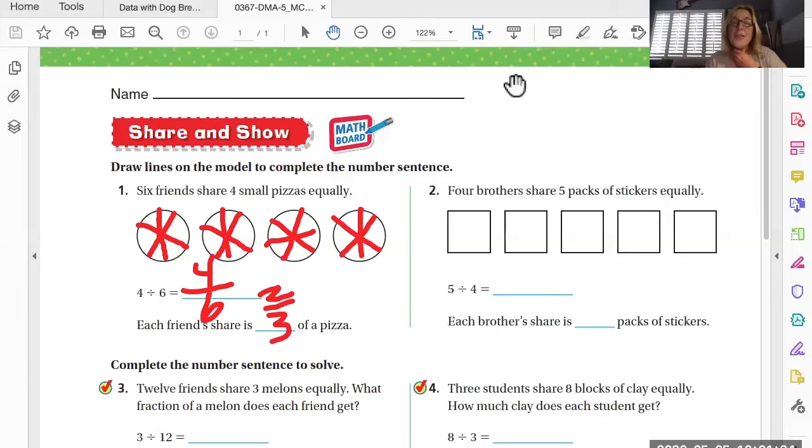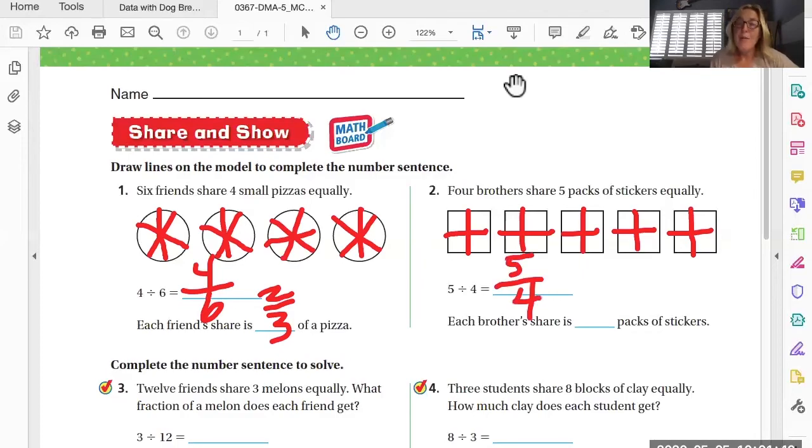On number 2, it says 4 brothers share 5 packs of stickers. Well, you see the 5 packs of stickers, and if there are 4 brothers, we would divide each sticker pack into 4 equal parts. So 5 divided by 4 is 5/4, and we would write that as 1 1/4.